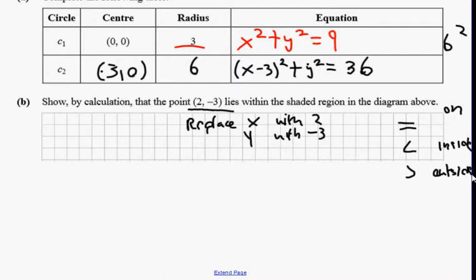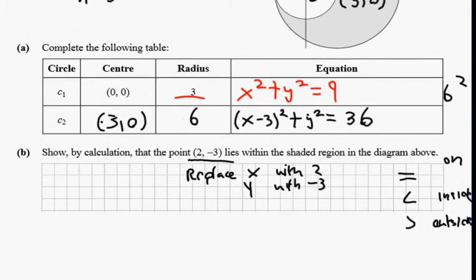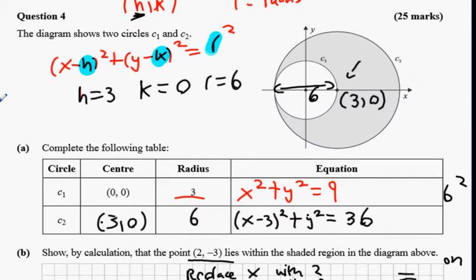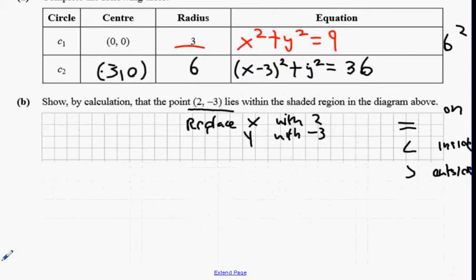Now let's sum this off, quite easy here. It's very specific. It says show that it's in the shaded region. Can anybody give me a quick description of what the shaded region actually is? It means outside the small circle, but inside the big circle. Okay? So I have to do 2 tests. I get the equation of the small circle, which is this one here, and then I put in my values.